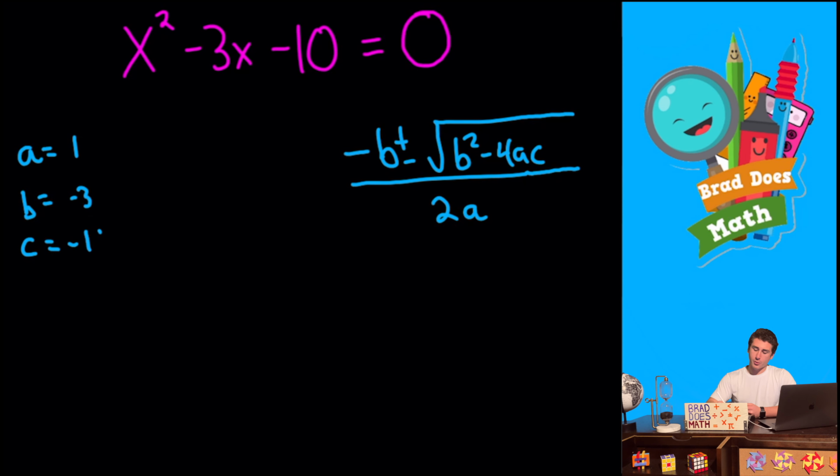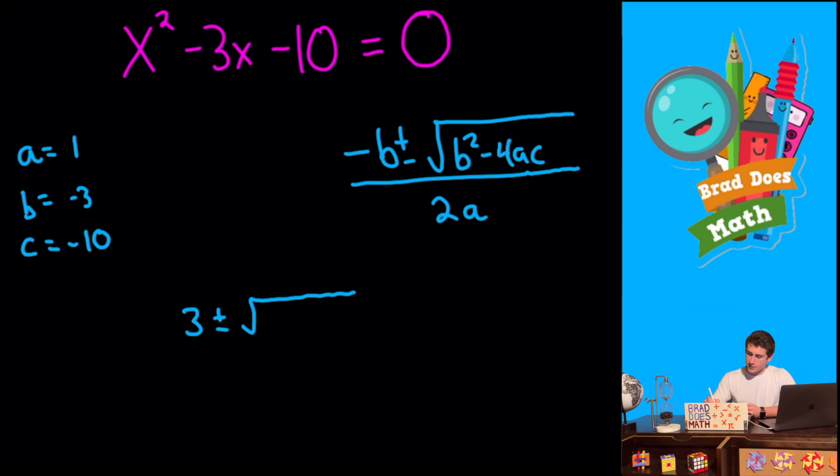Now, it's very important, and I already did this for this problem, that everything is on one side of the equation so you can have equals 0. Okay, and now all we do is we plug these numbers a, b, and c into the quadratic formula. So we want the opposite of b. Now, b is -3, so opposite of b is +3, plus or minus the square root of b squared.